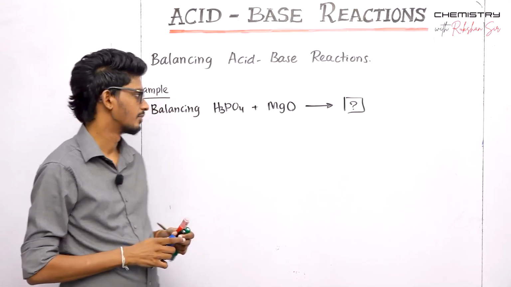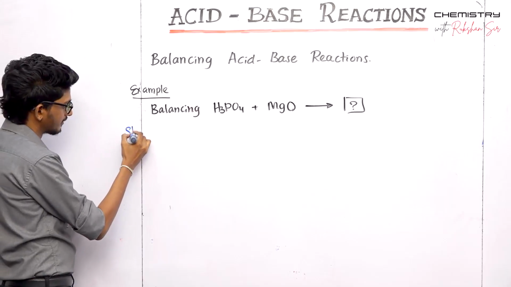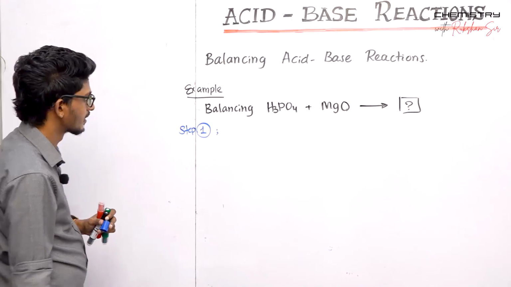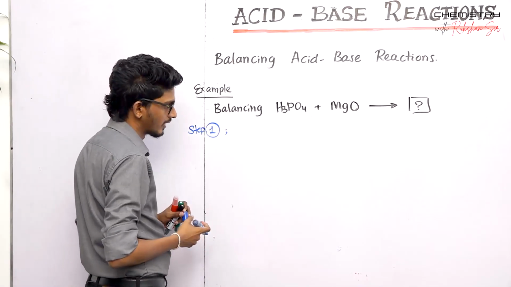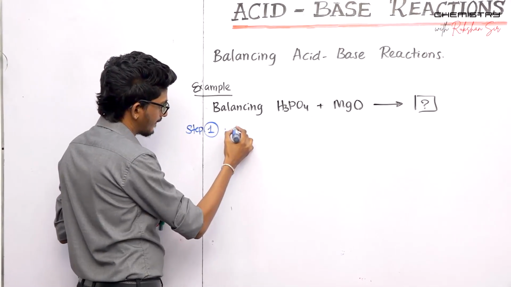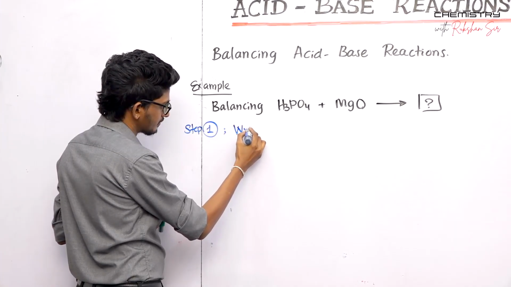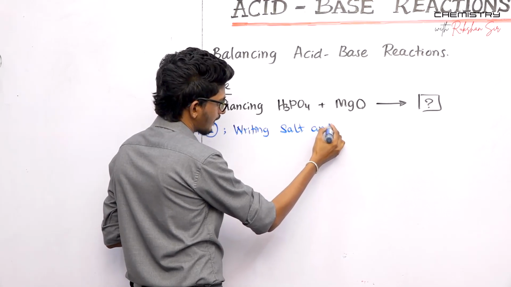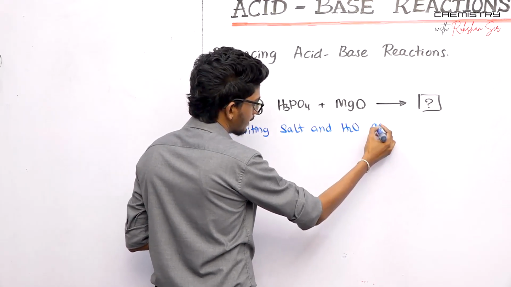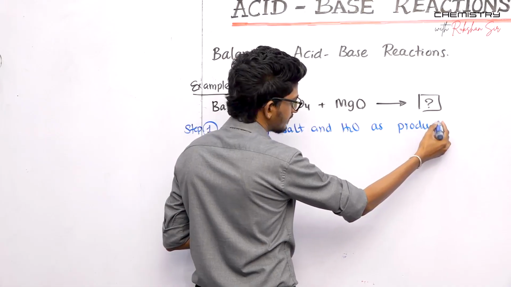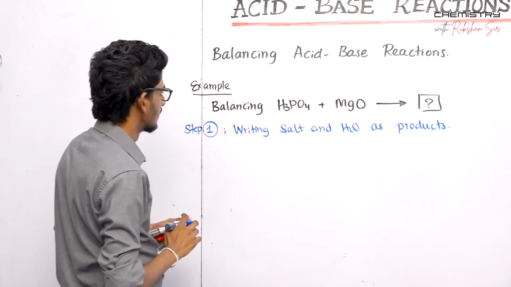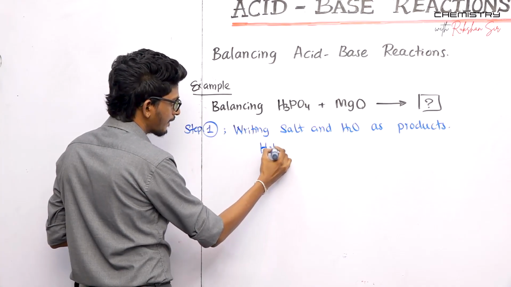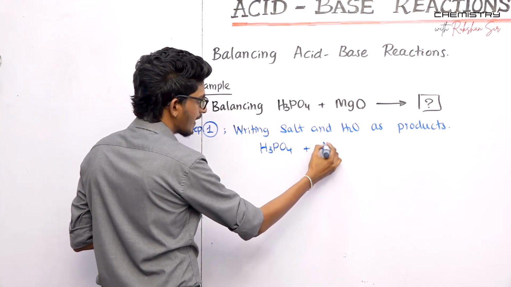Let's do it step by step. Step 1 again. Step 1 is to write the salt and water as products, right? So you have H3PO4 and magnesium oxide.